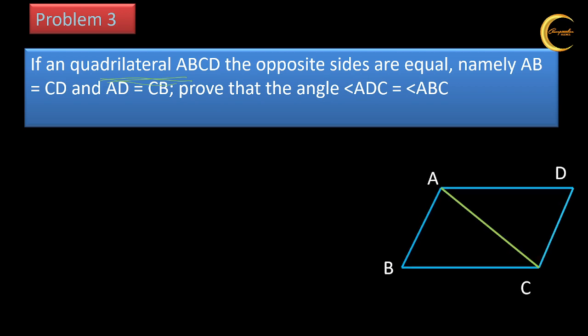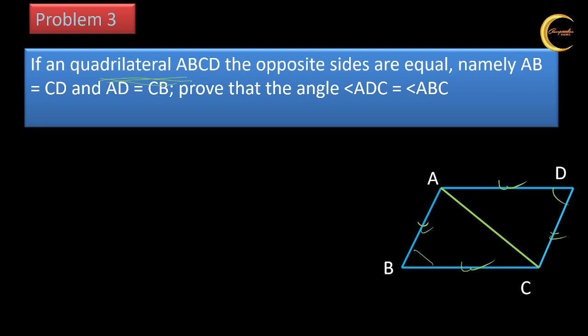So first we have to draw the diagram. As already said, this AB line equals this CD line and this AD line equals this BC line, and AC is the diagonal. So this angle ADC equals this angle ABC.